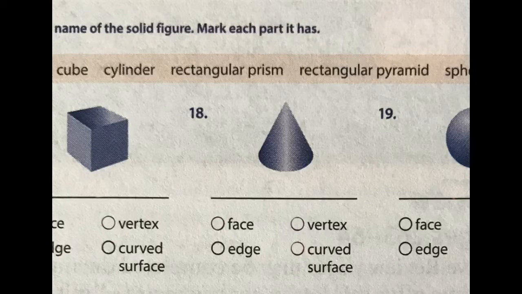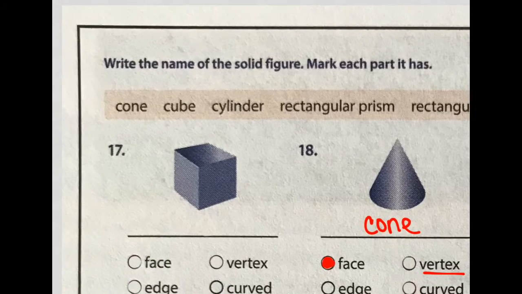Okay, 18, yes, is a cone. Does the cone have a face? Yes, the cone has a face. Does it have an edge? Now, this is where there was some confusion between what an edge was and what a vertex is. An edge is when 2 faces touch. Let's take a look over here at this shape.